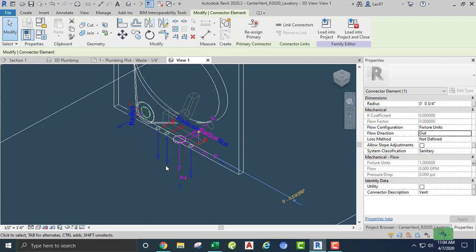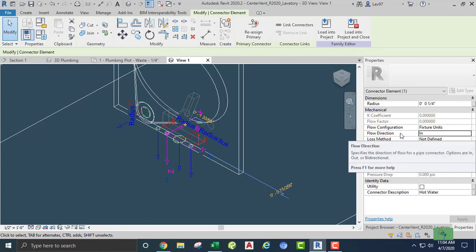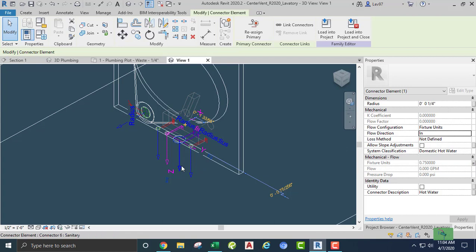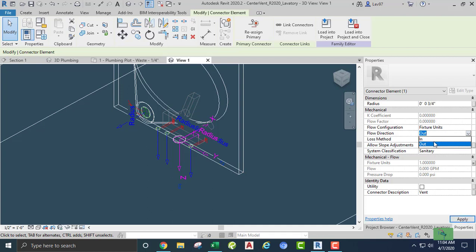Flow direction for the water. Maybe it's because it's a property. I don't know. Maybe it's because it's a gas. For a gas, the flow direction should be in.